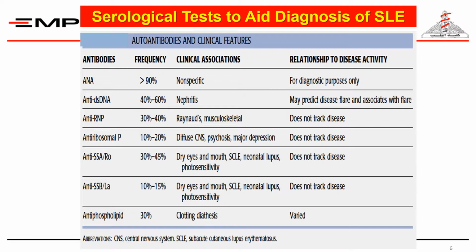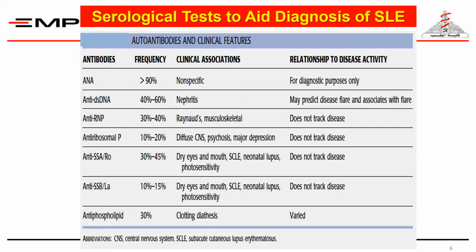It may reach 98 or 99% of cases. When a patient with manifestations like lupus has a negative ANA test, it is very rare and usually raises some question marks.